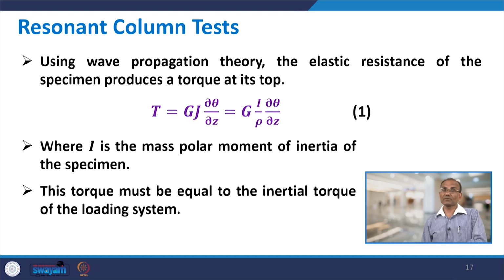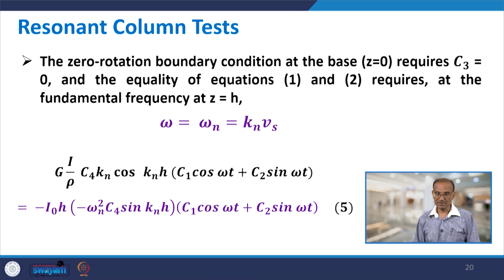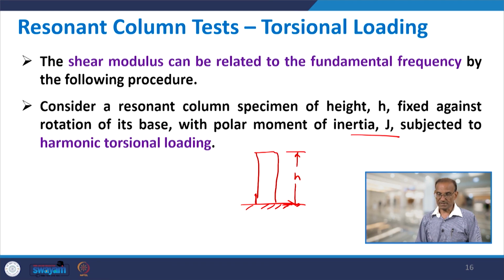Now, using wave propagation theory, the elastic resistance of this specimen will produce a torque at its top, and this torque is given by this relation, where in this equation G is the shear modulus, J is the polar moment of inertia, and theta is the angle by which the specimen is twisted. In this specimen Z will be downward; Z is the measured depth downward from here.